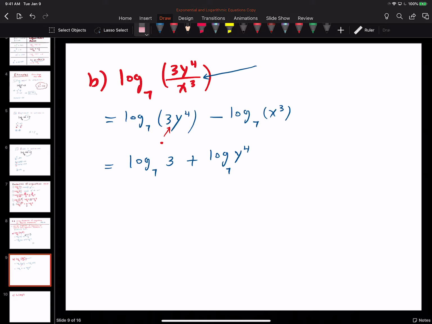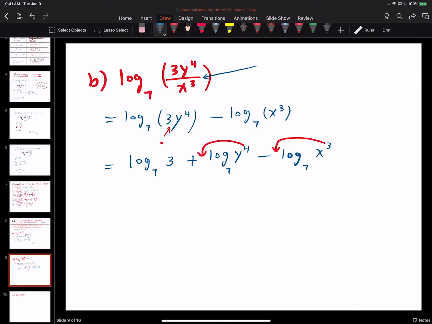Finally, we rewrite the subtraction just down. Subtract log base 7 of x to the 3rd. Now we have the power rule, so we're going to apply it at the same time. This 4 here is going to go up front. This 3 here is going to go up front.